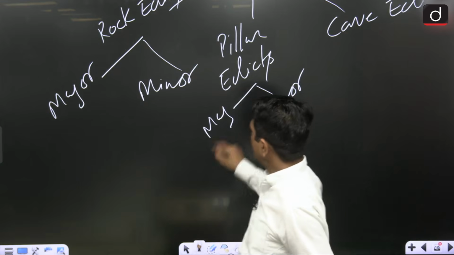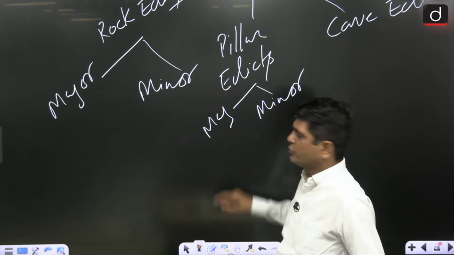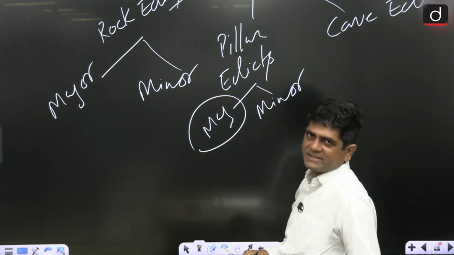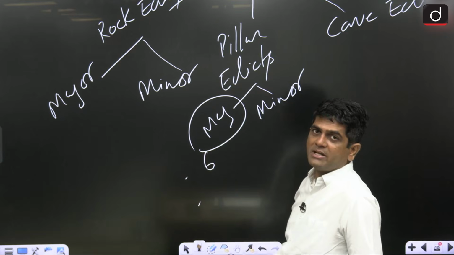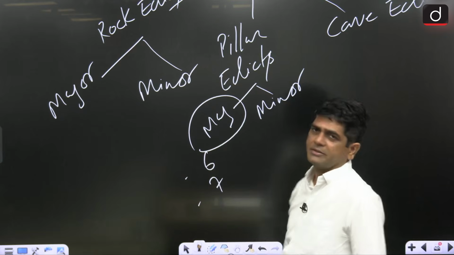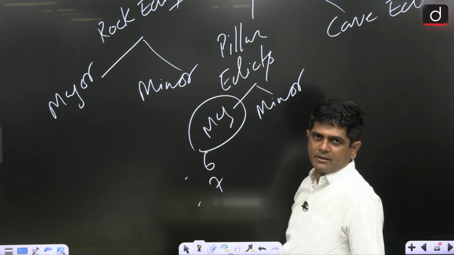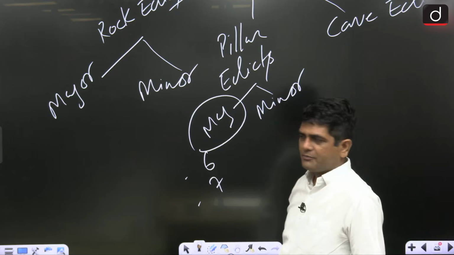Clear? Now the major pillar edicts of Ashoka are found from how many places? Answer is 6 places. And how many informations have been inscribed? Answer is 7. Clear?